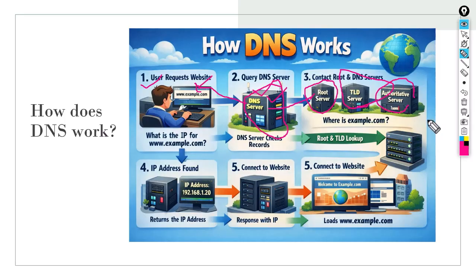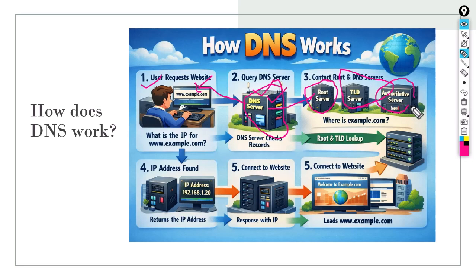Now, the authoritative server responds with something like, if you have www.google.com, then the IP address is, for example, 192.111.